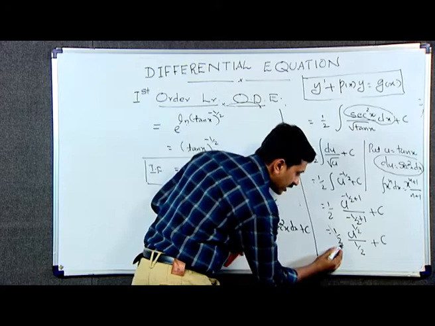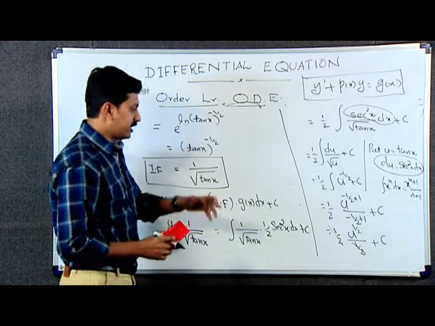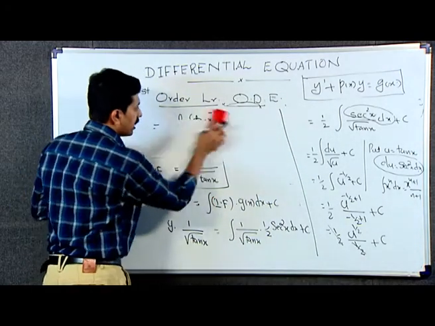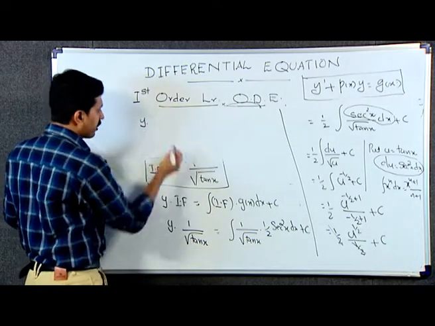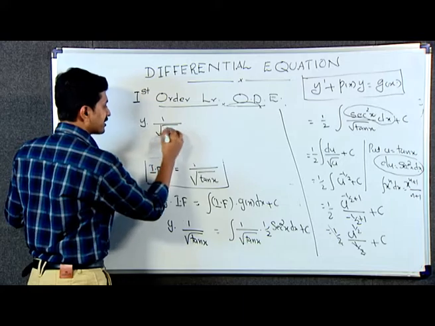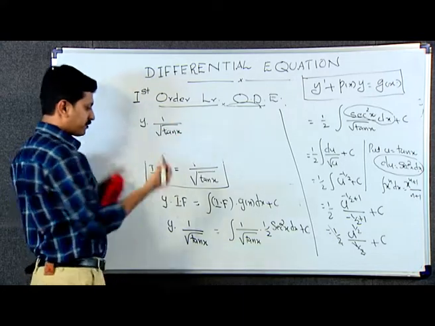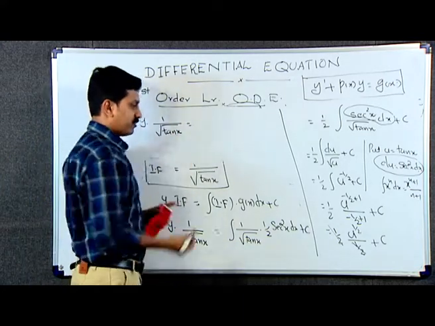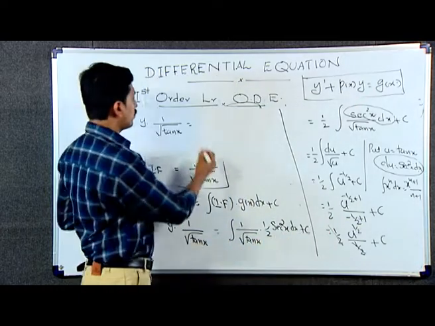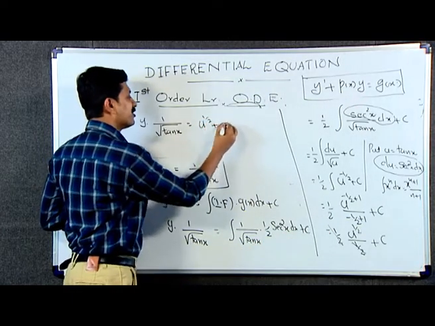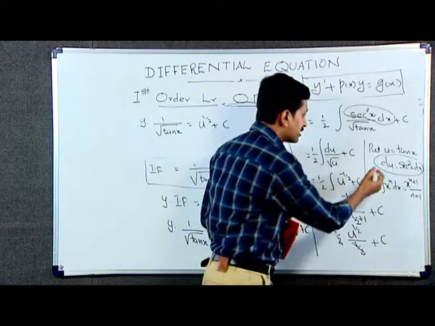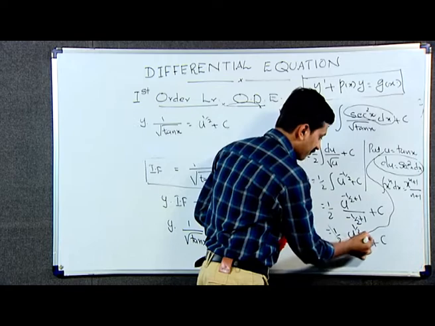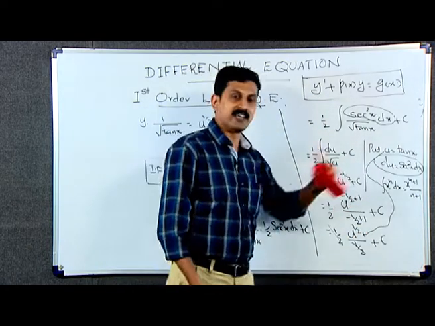Therefore, we can cancel 1 by 2 and 1 by 2. The remaining is y into 1 by square root of tan x, which we found equal to u raised to 1 by 2 plus c. Since we put u as tan x, we replace u by tan x.